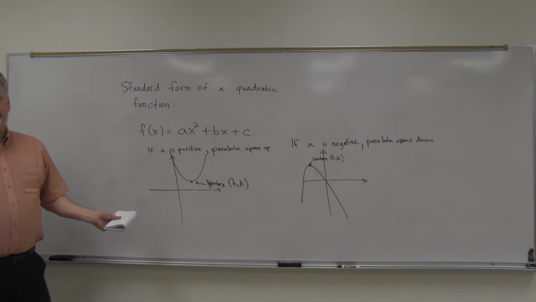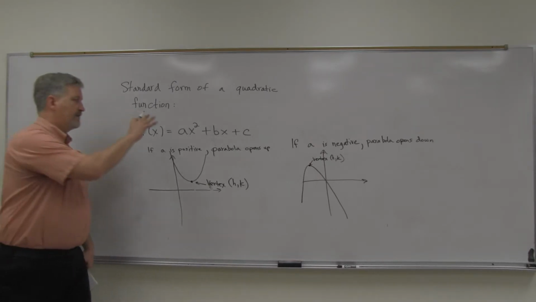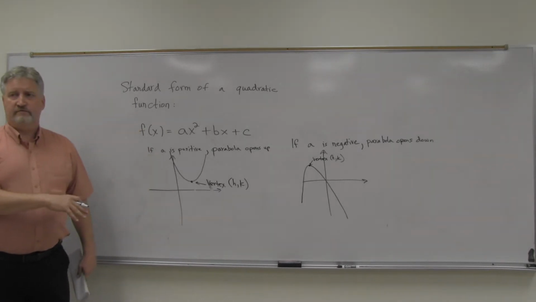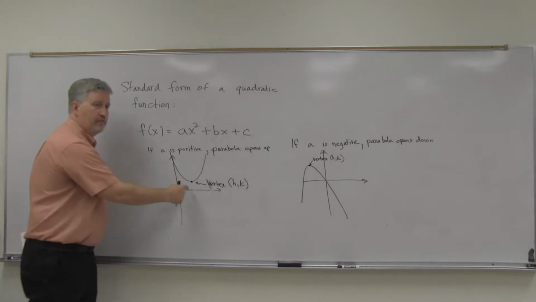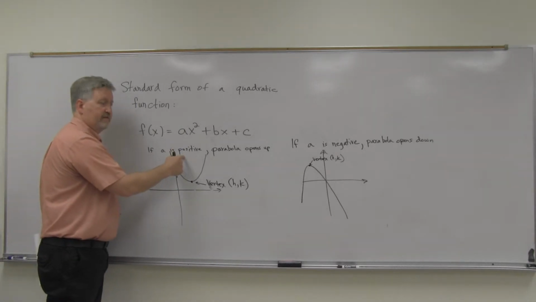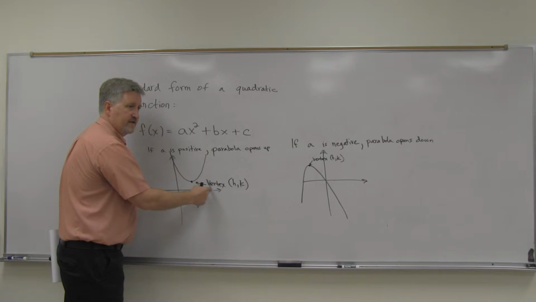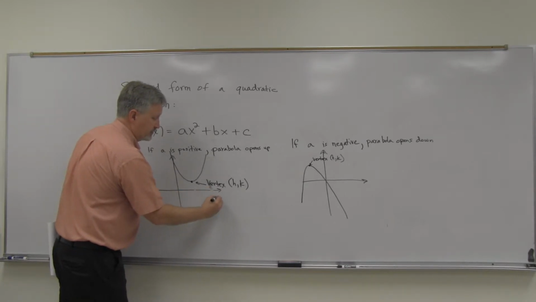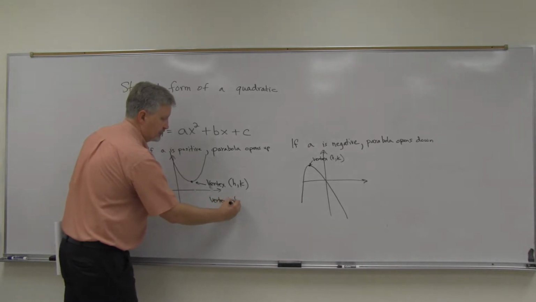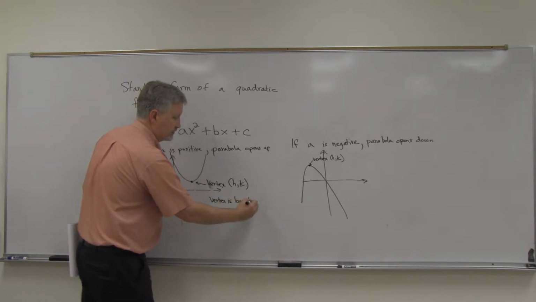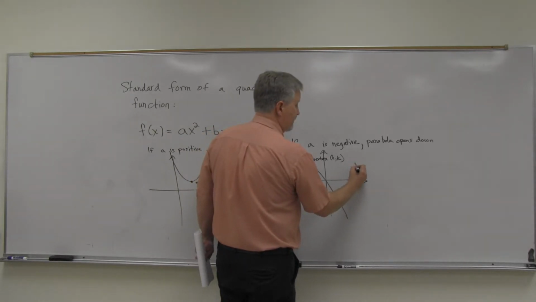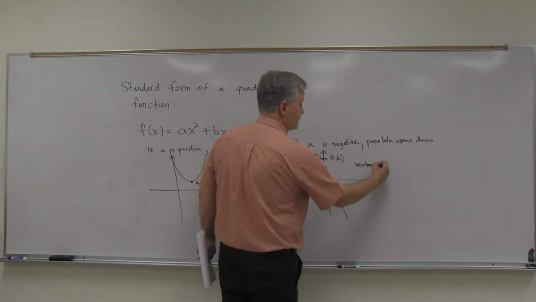So comparing these two, just kind of in general, when we've got a parabola that opens up, is the vertex a high point or a low point? It's a low point, right? If our parabola opens up, the vertex is a low point. If the parabola opens down, the vertex is a high point.